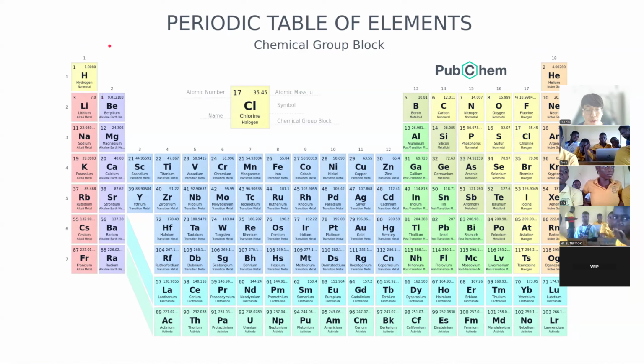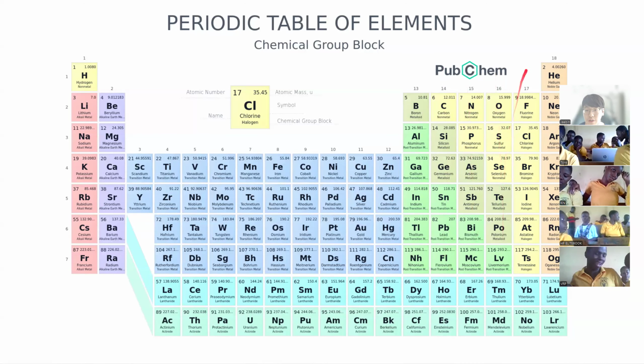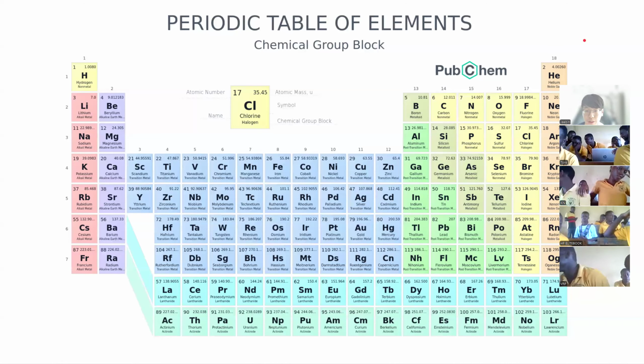We can go down the columns, so this whole column over here has 2 valence electrons. And we actually skip over to here, and this column has 3, and 4, 5, 6, 7, and 8. That is another convenient way you can calculate the valence electrons from the periodic table.